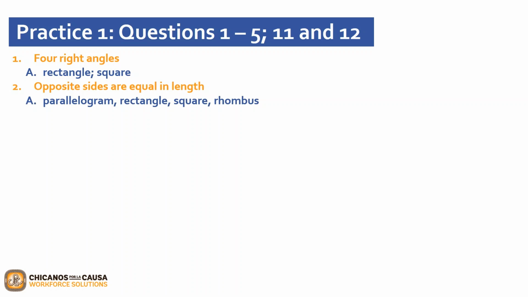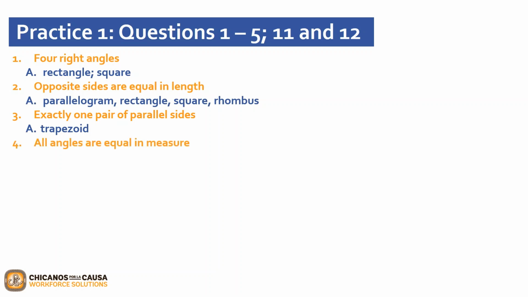It is all of them, parallelogram, rectangle, square, and the rhombus, with the exception of the trapezoid. Question number 3, exactly one pair of parallel sides. And that is a trapezoid. Remember that the trapezoid is a four-sided figure with only one pair of parallel sides.